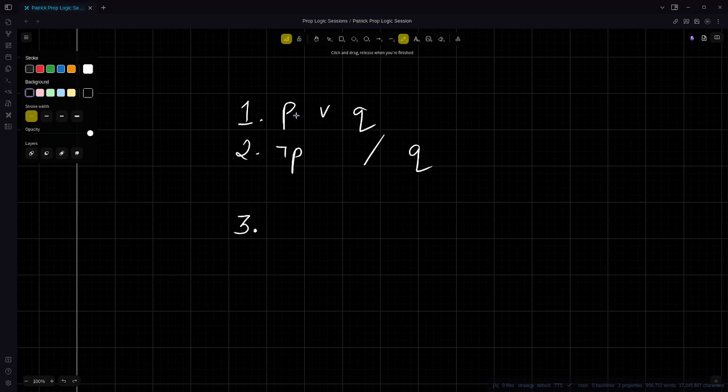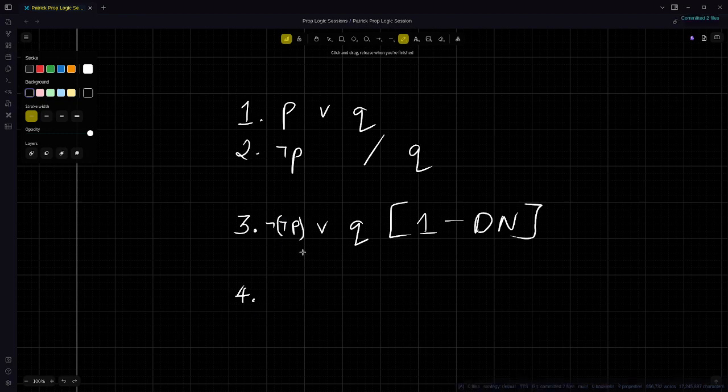So you got this right, you can do not P or Q, and this will be what? Double negation, exactly. Now you can bracket off this one, and then you have a false antecedent and a true consequent.